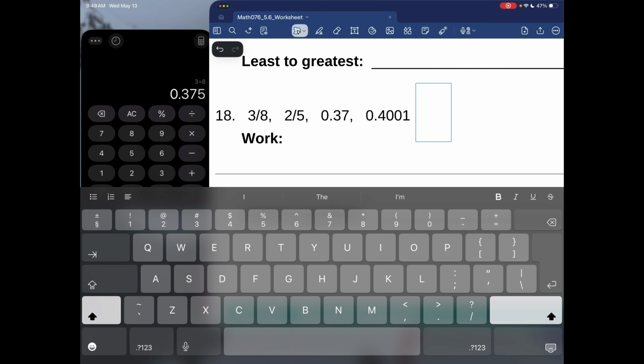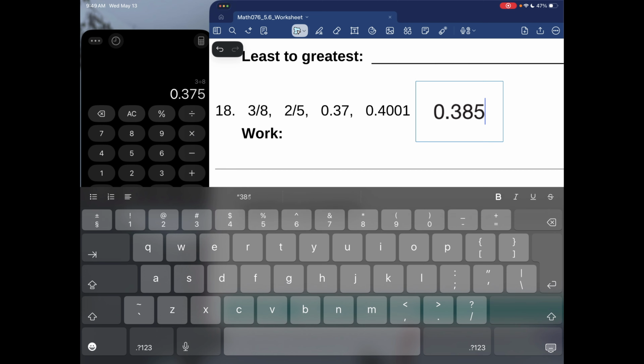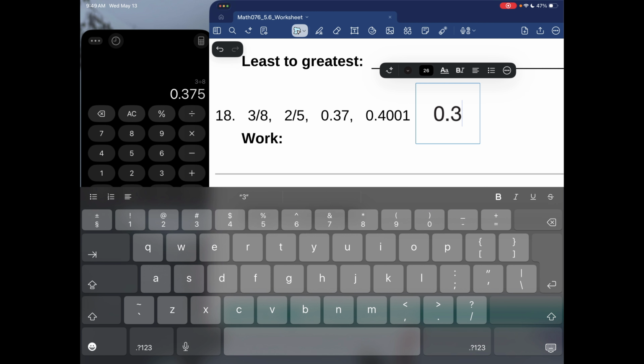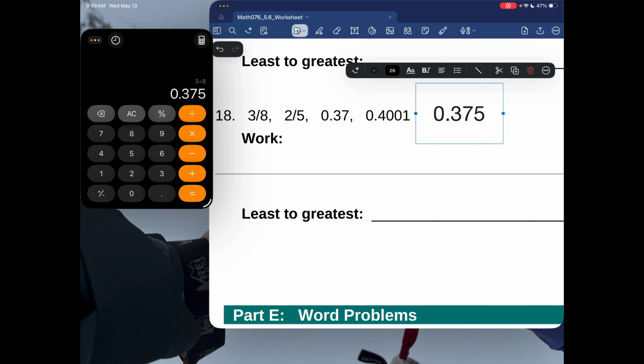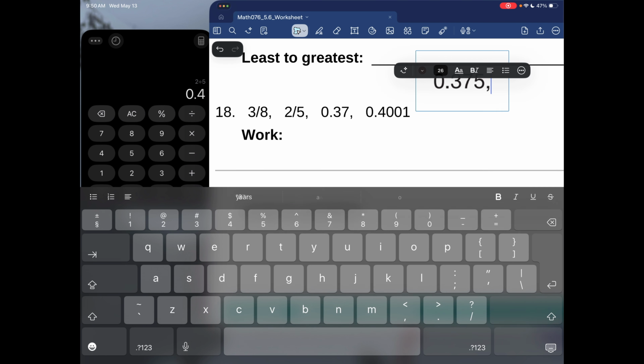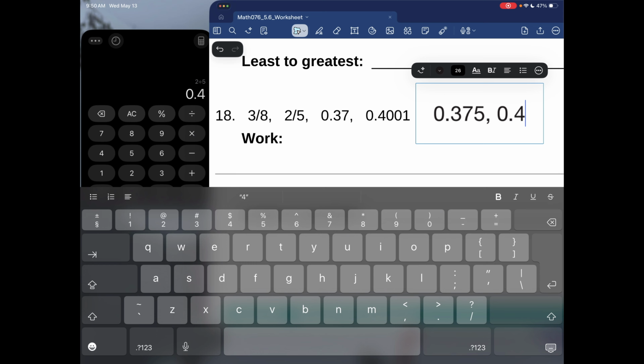So I'm going to write that 0.375. And then I have 2/5. 2 divided by 5 gives me 0.4, but I'm not going to leave it like that because I want to have the same number of decimals at the end.